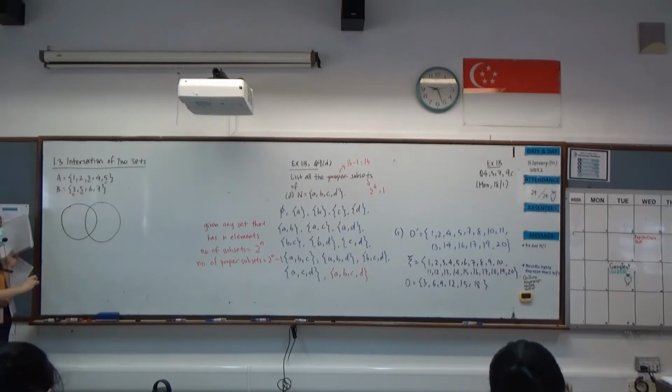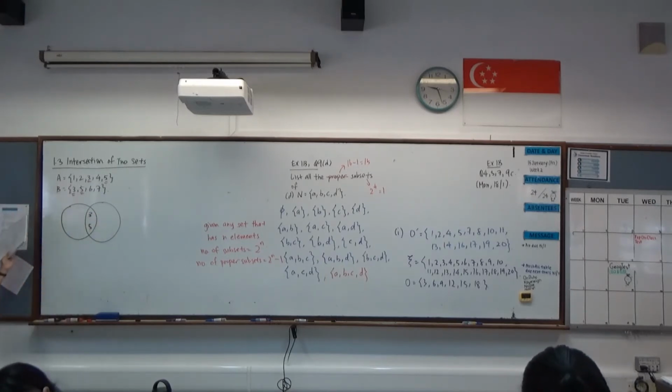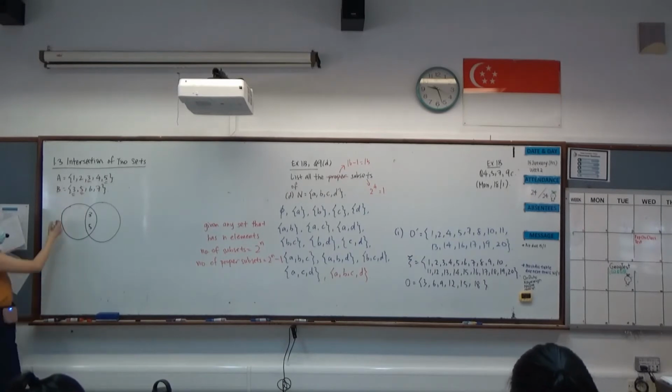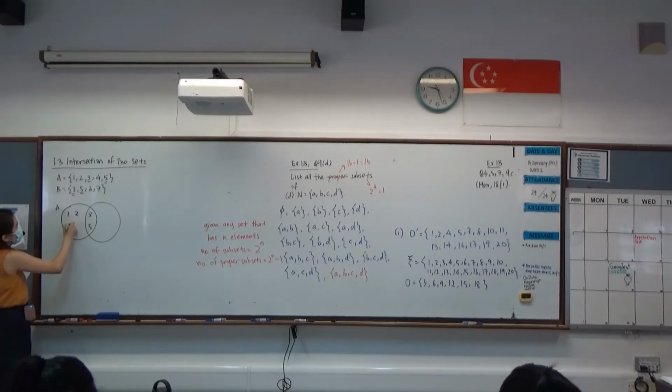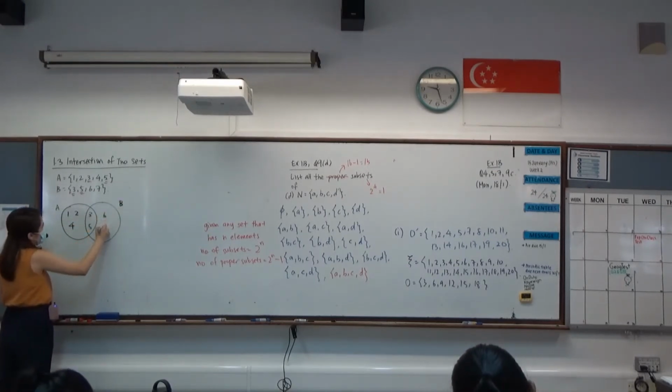Because it overlaps, so we put them in the overlap itself. Then after that, if this is my set A, I will put 1, 2, and 4 here. And if this is my set B, I will put 6 and 7.